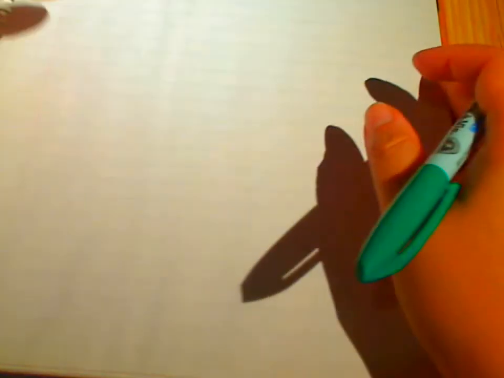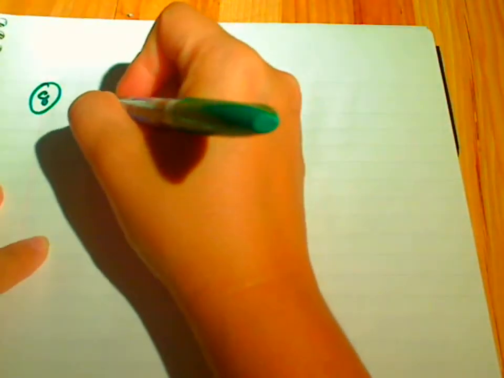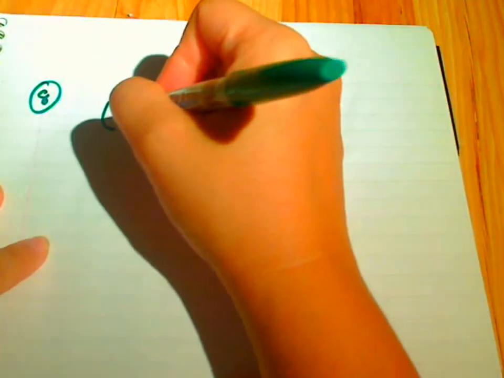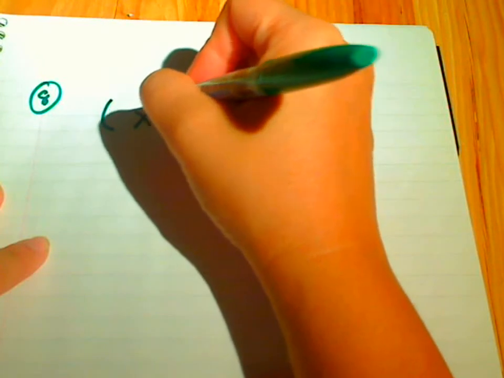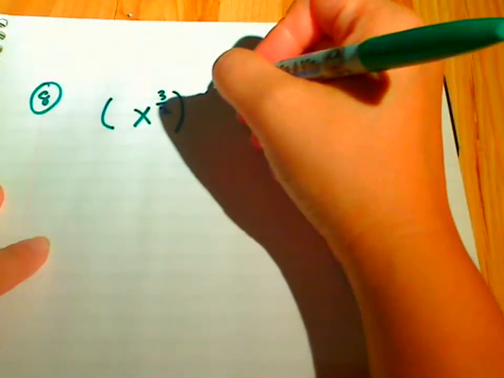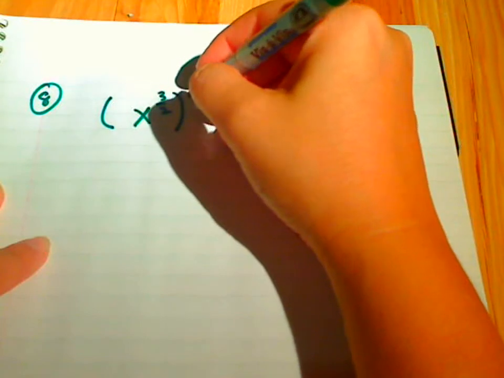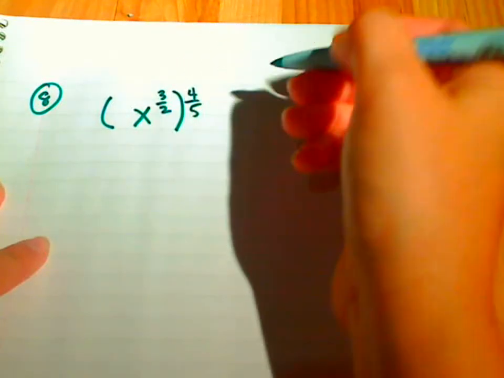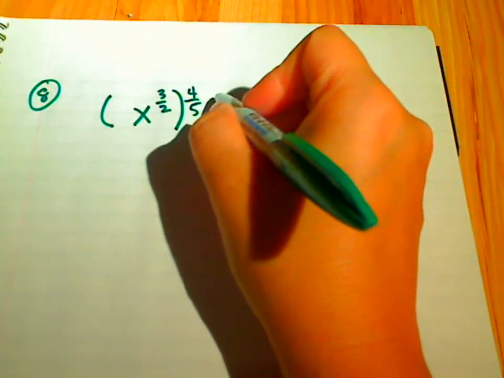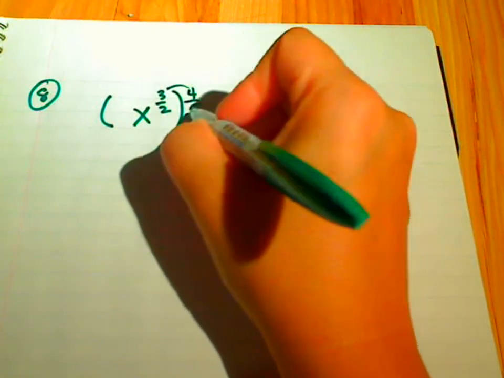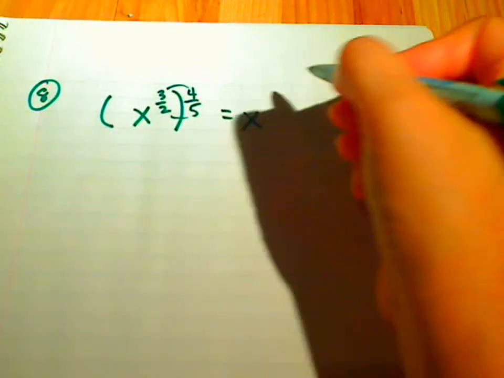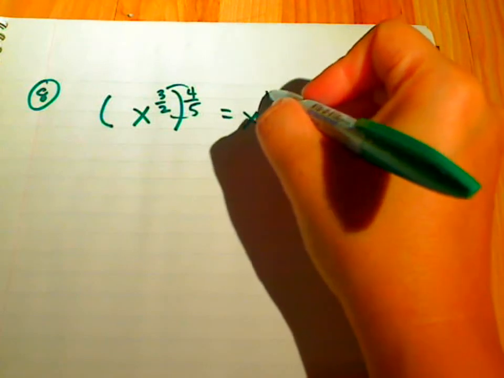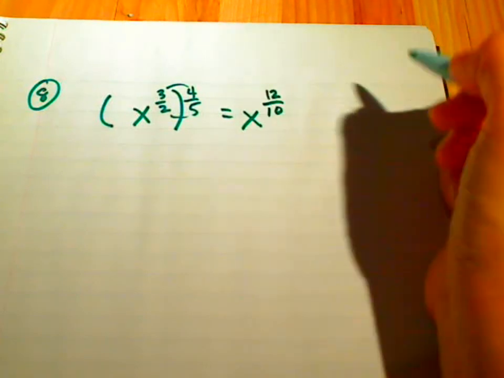Now number 8 says use the laws of exponents to simplify. So if you have something like x to the 3/2, and then outside you have 4/5, well, what you do is you just multiply tops and multiply bottoms, so you get x raised to the 12/10.